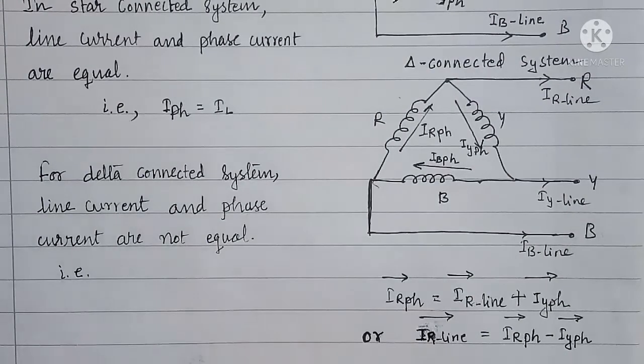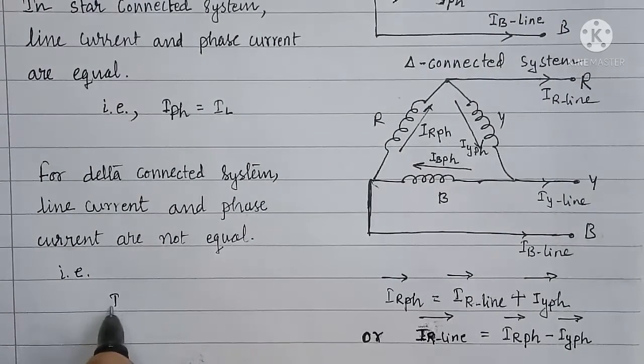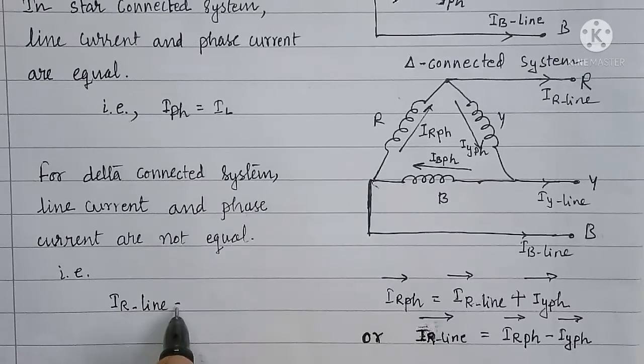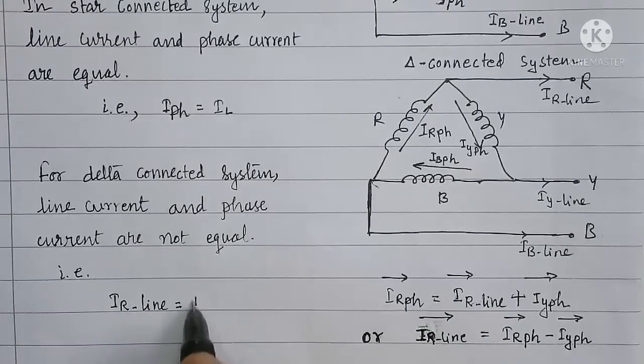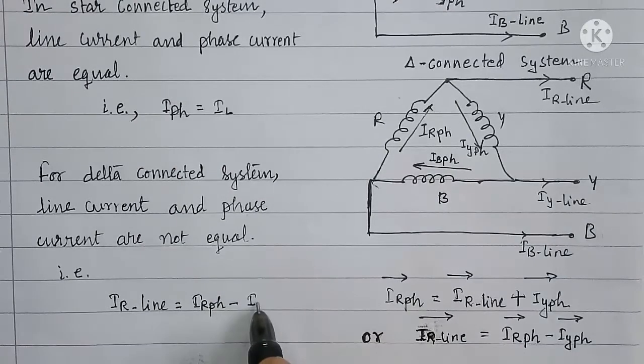That is, IR line is equal to IRPH minus IYPH.